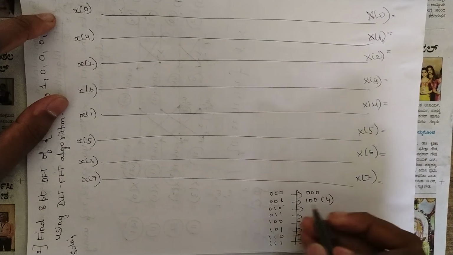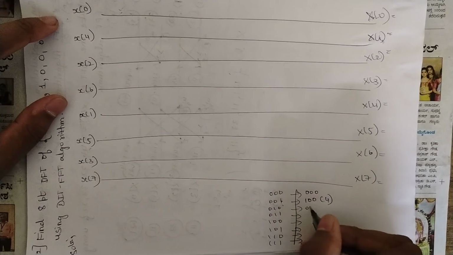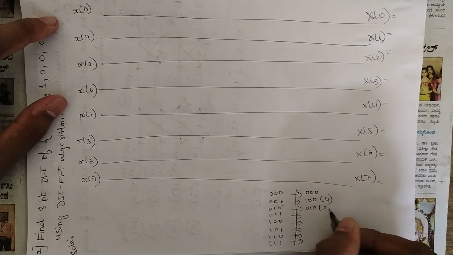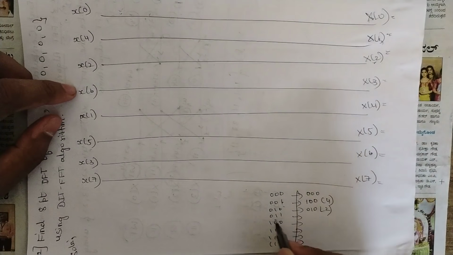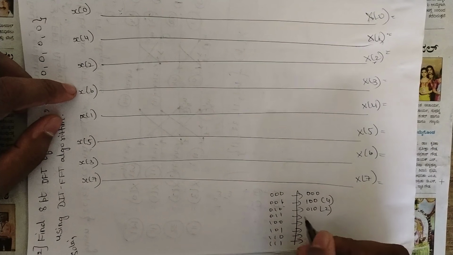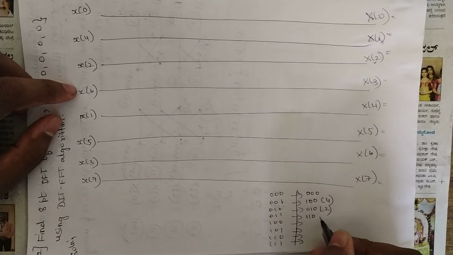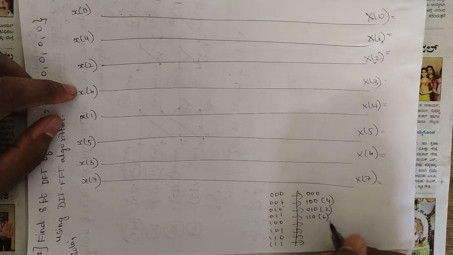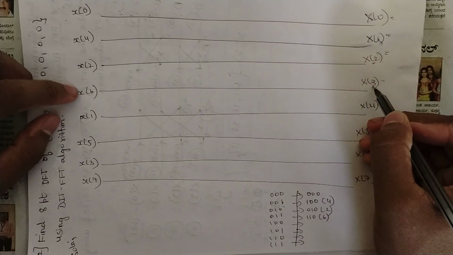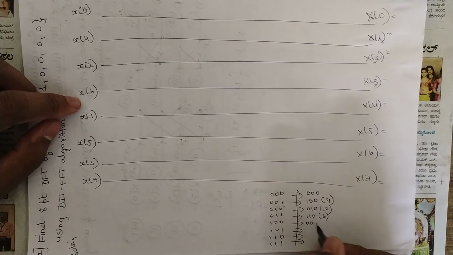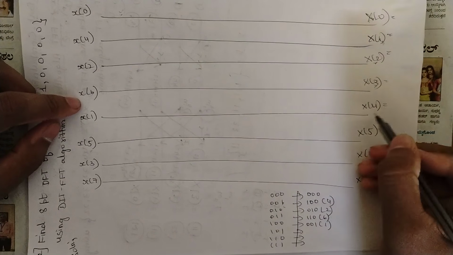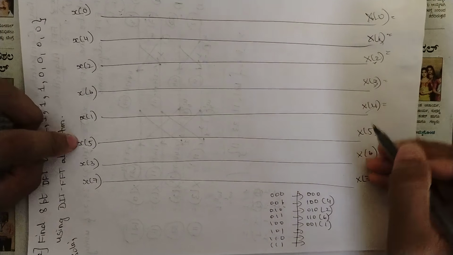If this is 0 1 0, if we reverse it, it remains as it is, 0 1 0, and its value is 2. So you can see x of 2 and x of 2 here. Similarly 0 1 1, if we reverse it we get 1 1 0, the value of which is 6, so x of 3 and x of 6. Similarly 1 0 0 reversed is 0 0 1, equal to 1, so x of 4 and x of 1.